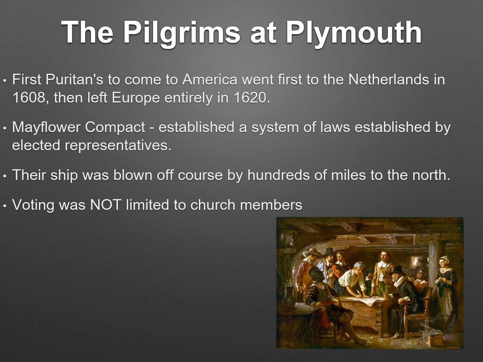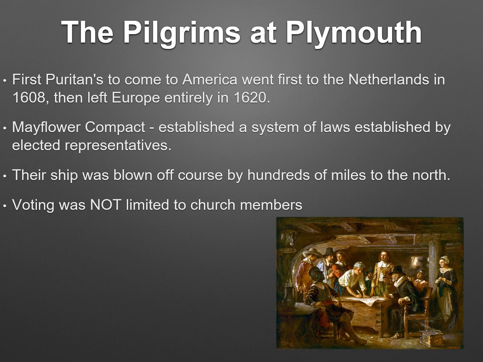Before they landed, though, they drew up the Mayflower Compact, the idea of what laws were going to be like in this new civilization, in this new society, and the idea of the elected representative. It was open to all, and that was big. Initially, you could vote just so long as you were a good citizen in the Puritan society.